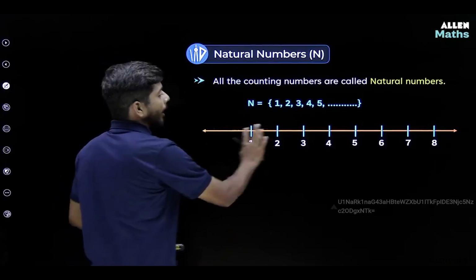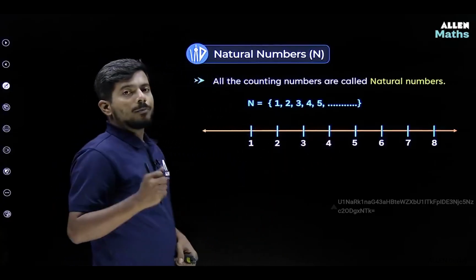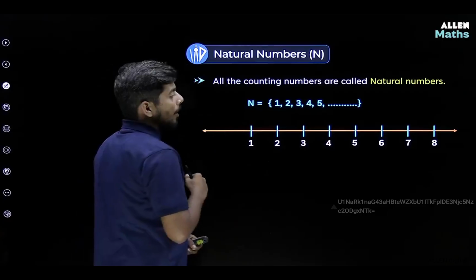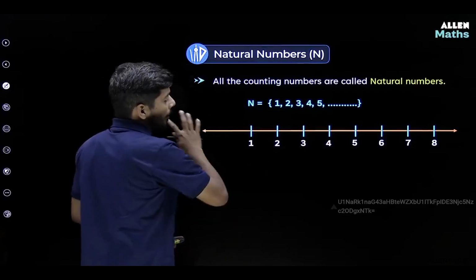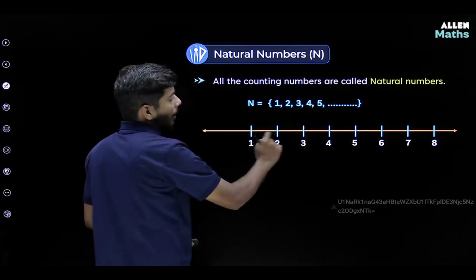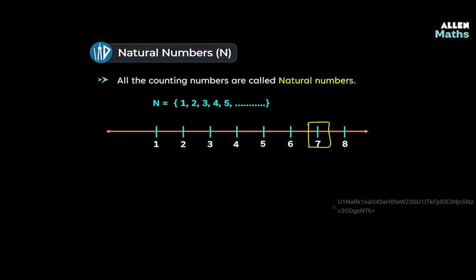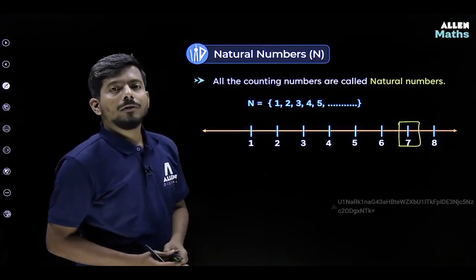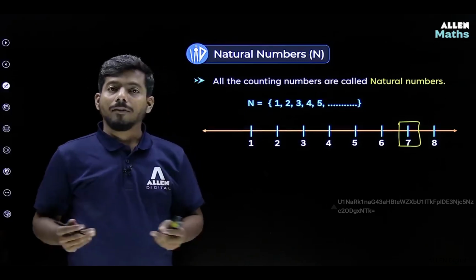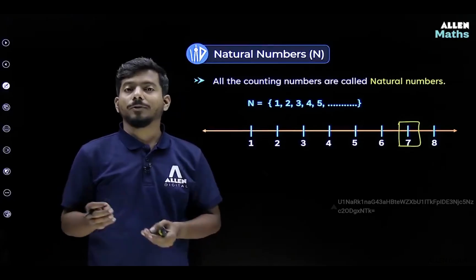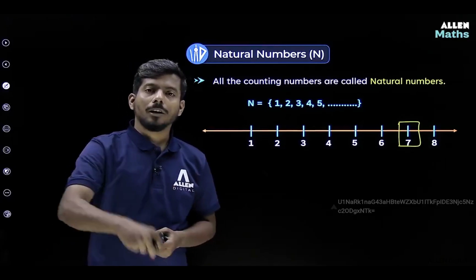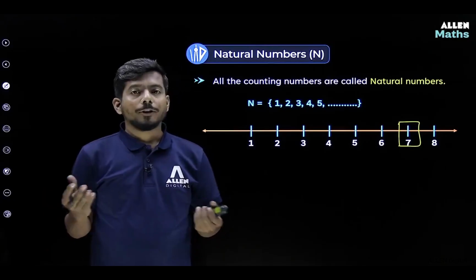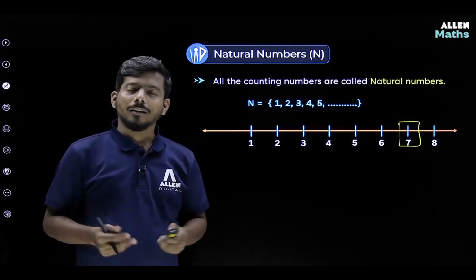Now here we have a number line. Suppose we have to plot 7 on the number line, then we'll just draw this number line and then mark this 7, and that's it. We are done. Now suppose I have a box and in that box I have 5 chocolates, and if I take out all of them, how many chocolates are there? There is nothing.